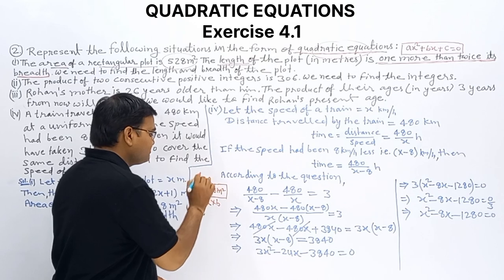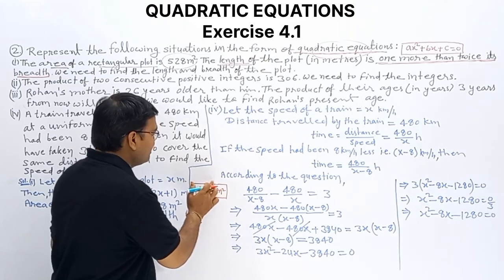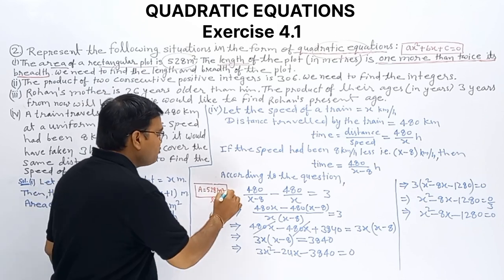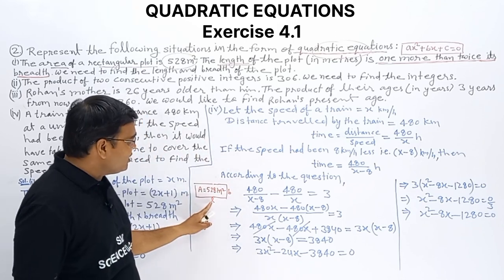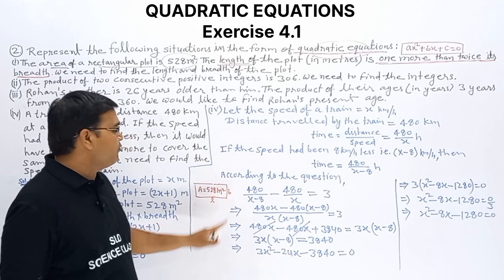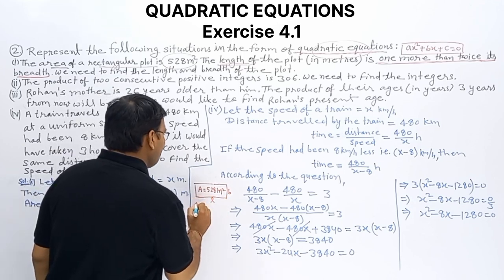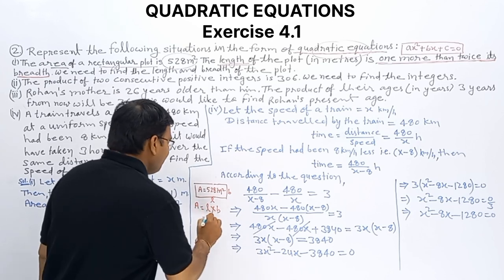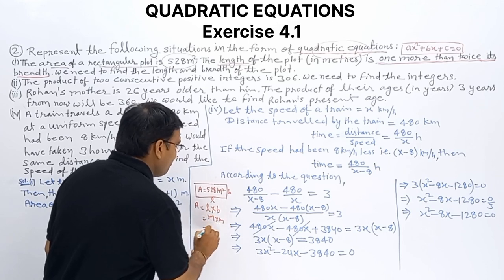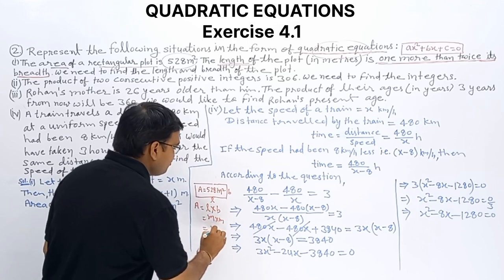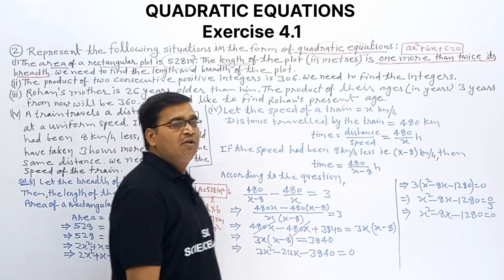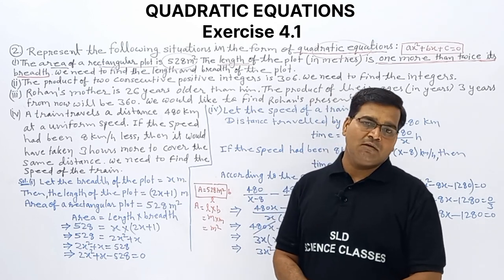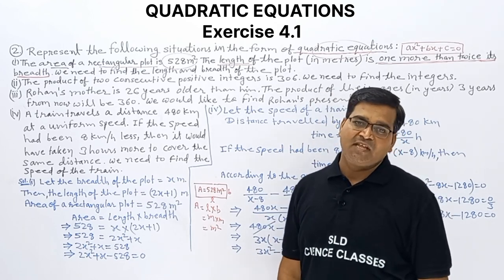This is the length of the plot and this is the breadth. Once we multiply length and breadth, we get the area. Length is in meters, breadth is in meters, so we get meter square. So the unit of area is meter square in MKS. In CGS it will be centimeter square. Clear?